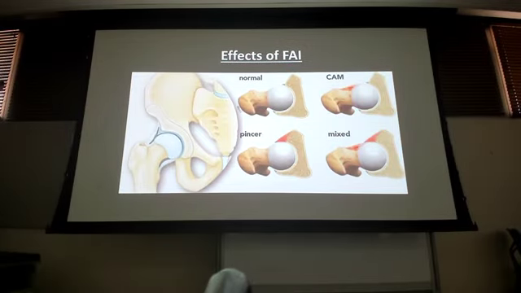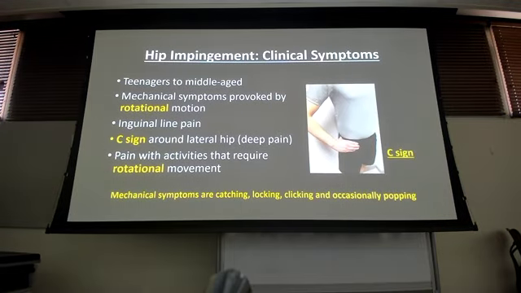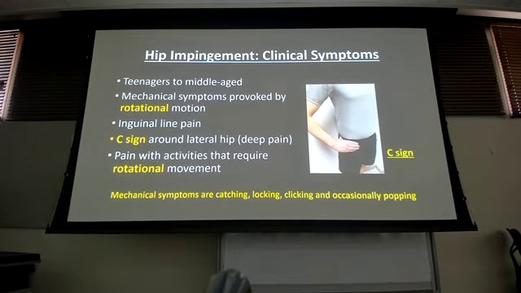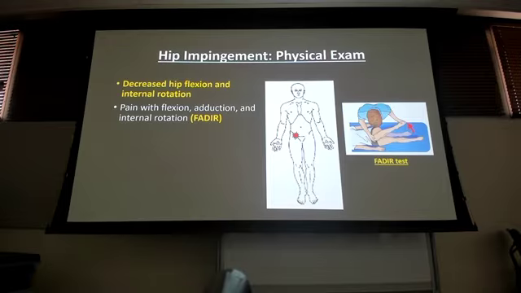If you have this deformity here, where you have the acetabulum and the head and neck junction of the femur, and you have that overgrowth, that bony response, can you have decreased range of motion? Yes. So it's not just that they have decreased range of motion or pain with motion, they may be experiencing mechanical symptoms as well. Does that make sense?